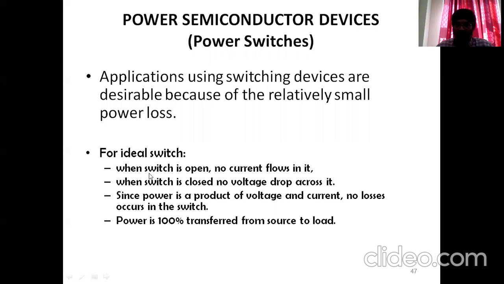For an ideal switch, when the switch is open, no current flows in it, as we said in the last slide. When the switch is closed, no voltage drop across it. We saw this in the ideal IV characteristics of all these devices. Since power is a product of voltage and current, no losses occur in the switch because no current, no voltage, so no losses. So it means 100% efficiency.